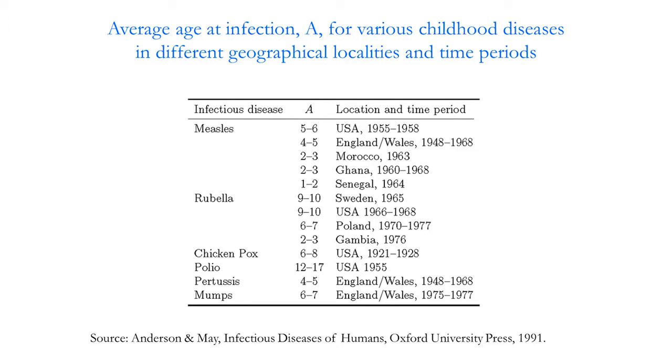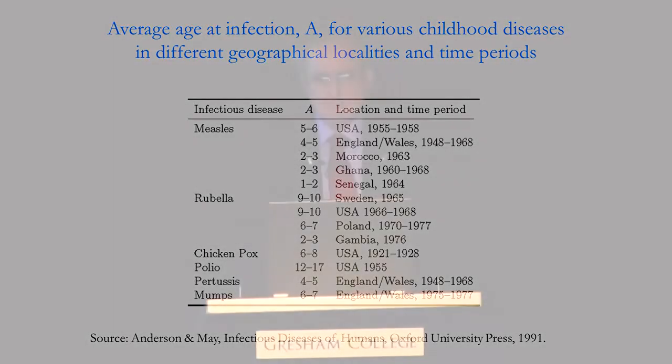Rubella, the average age at which it is acquired is double that, 9 to 10, in Sweden and the USA. Looking down at chickenpox, polio particularly high, 12 to 17, the average age at which it was acquired in the USA in the middle of the 1950s. And then within England and Wales, whooping cough and mumps around the 5 mark, 4 to 5 and 6 to 7. So we now have a way of relating something that we can actually observe, average age, with something that's an underlying parameter within the model.